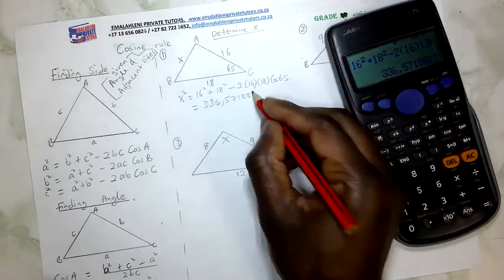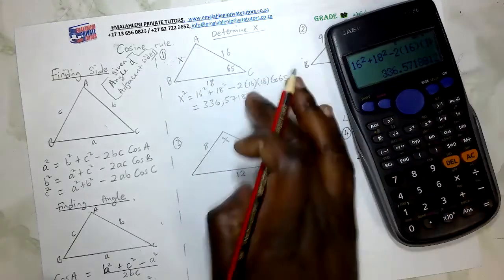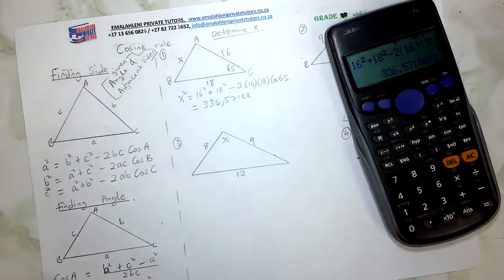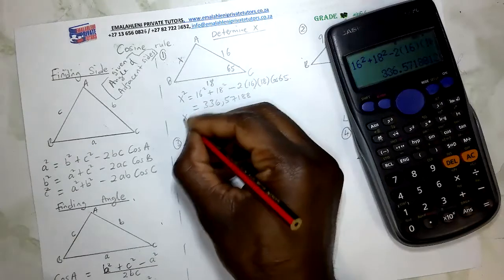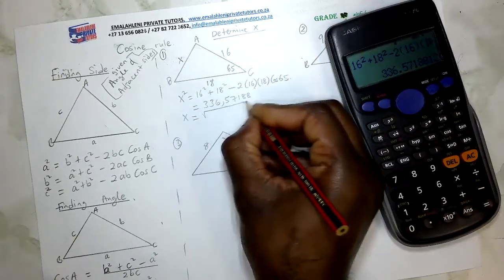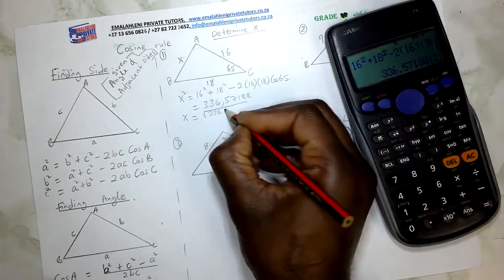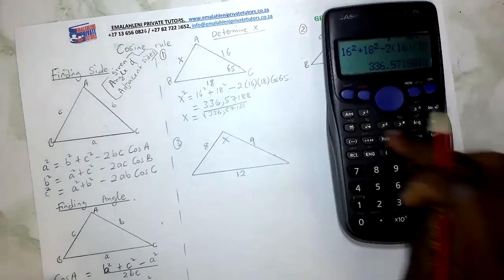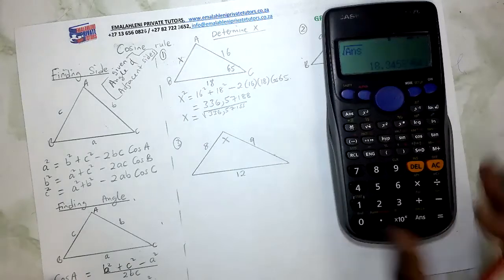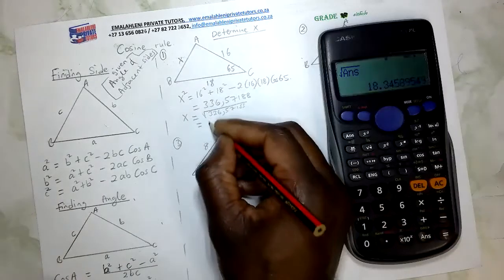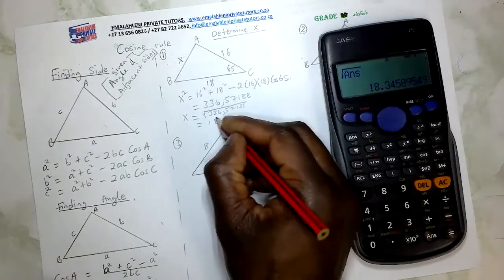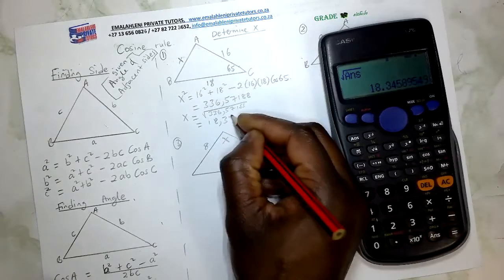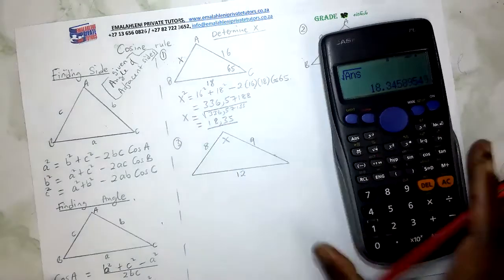Remember, this is not our final answer. Just write 4 or 5 digits after the comma. x will be equal to the root of that. Root of 336,57188. Now we say root answer. What do we get? We get 18,35. That will be our answer there.